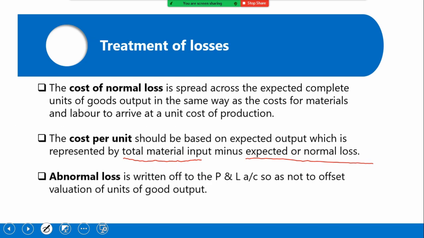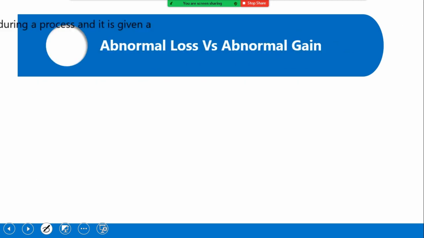However, the loss may become abnormal. The abnormal loss should be written off to P&L and not offset against the valuation of units of goods output. Now, abnormal loss and abnormal gain.